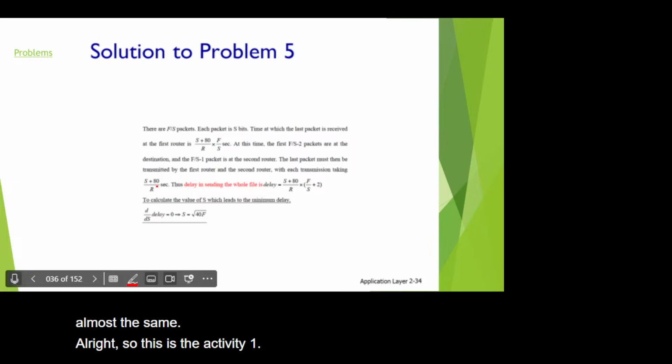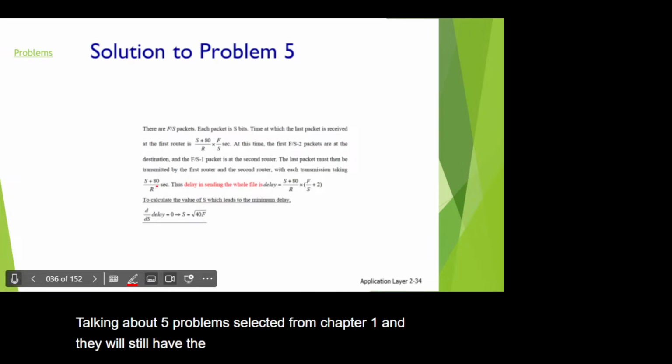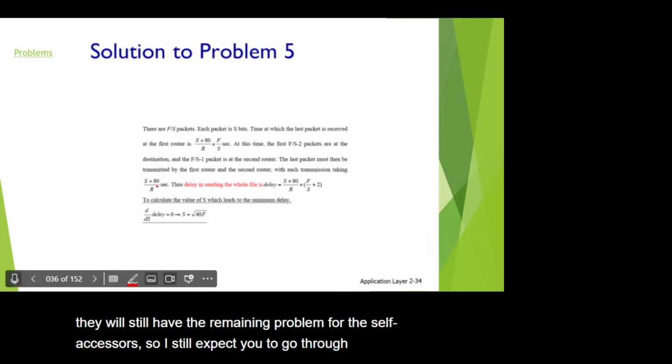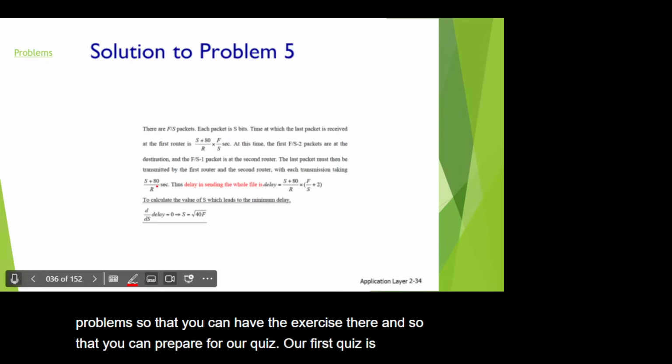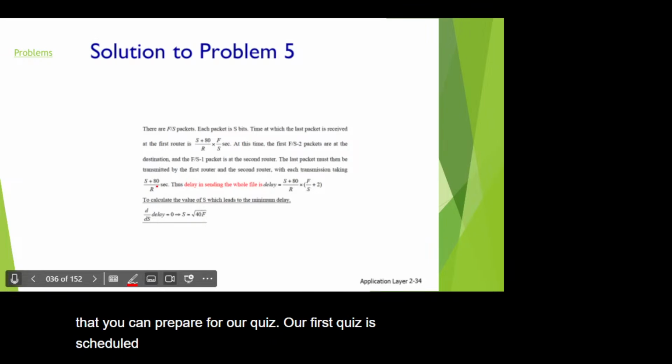Talking about 5 problems selected from chapter 1. And we still have the remaining problems for the self-exercise. So I still expect you to go through some of the problems so that you can have the exercise there, and so that you can prepare for our quiz. Our first quiz is scheduled for the 7th week, right?